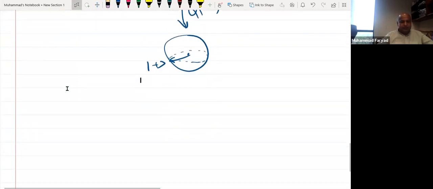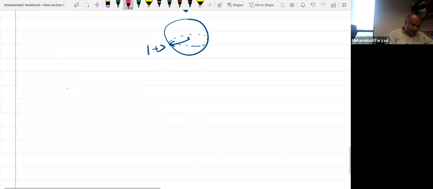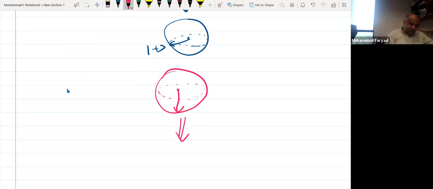Similarly, if I have an input state 1, this is being Fourier transformed to the minus state.